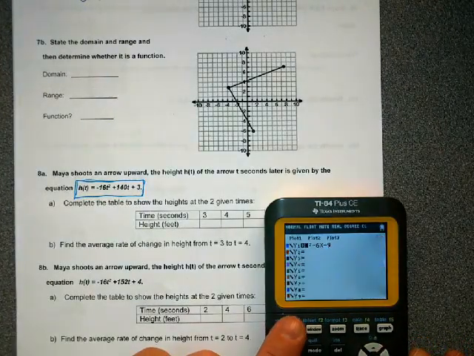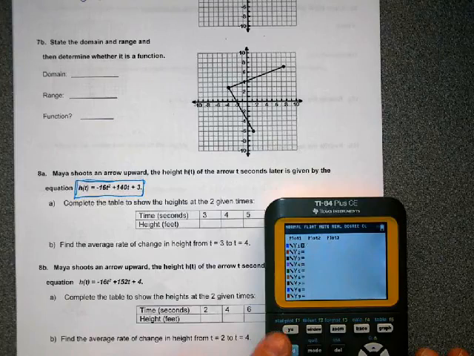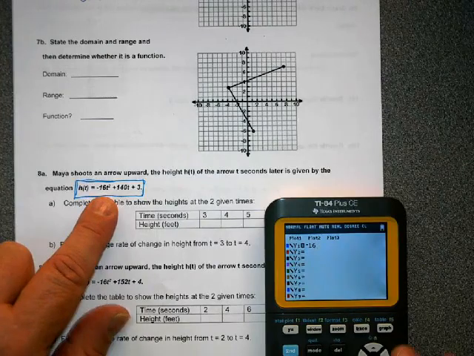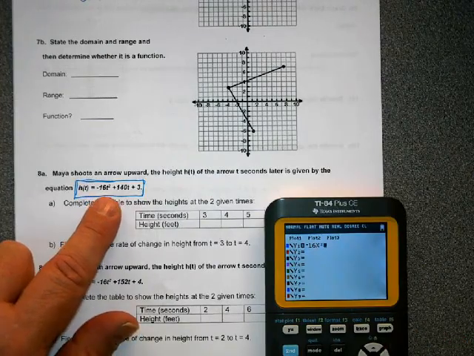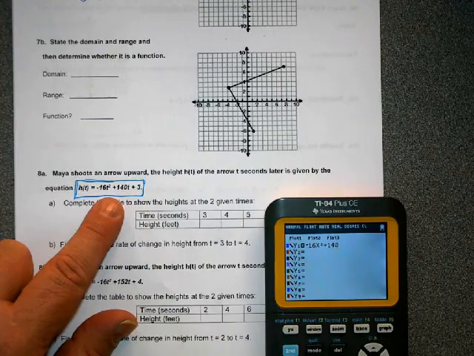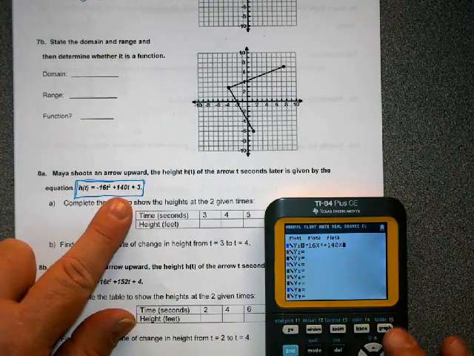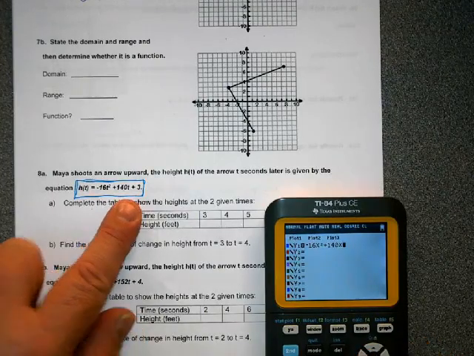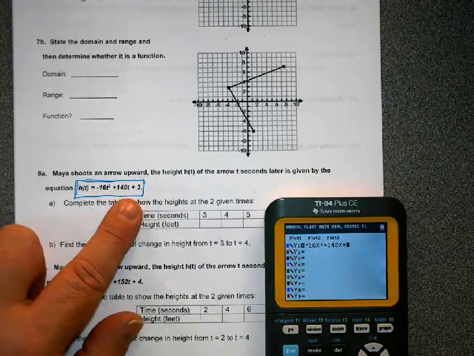Let's see, we use the negative key, -16, use the x key, squared, plus 140x. Wait, is it minus or plus? Oh, I'm sorry, plus. I put a plus. Plus 3. And then graph it.